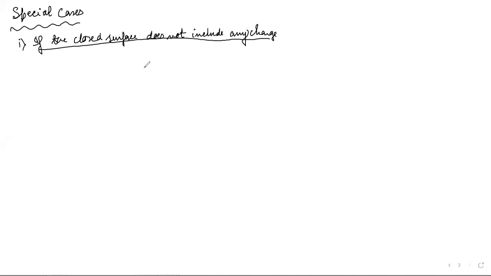Number one, if the closed surface does not include any charge, then what happens?